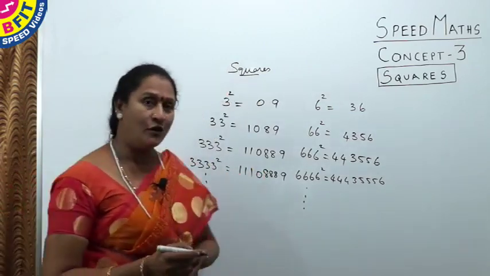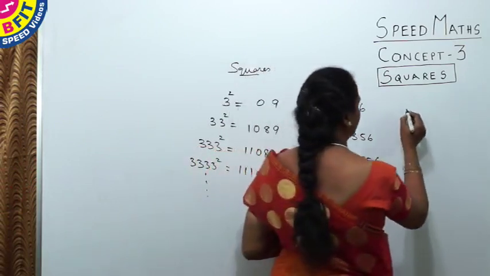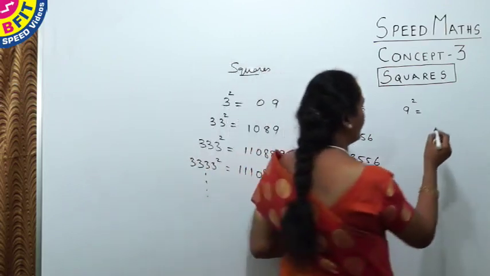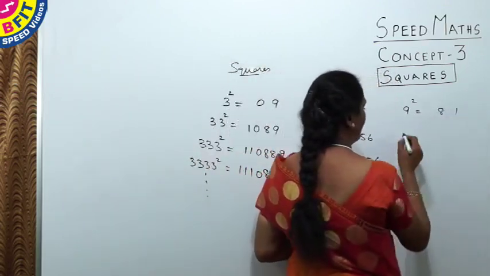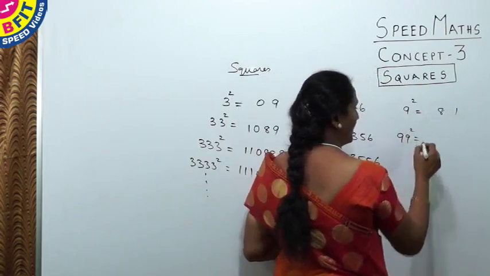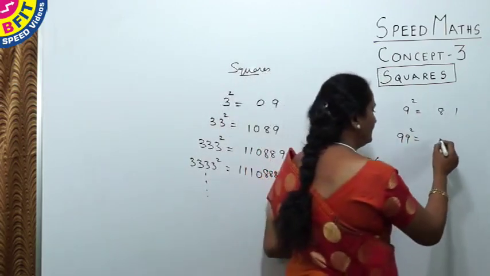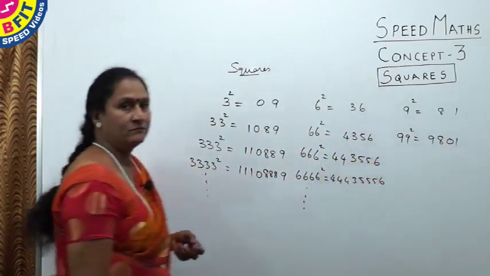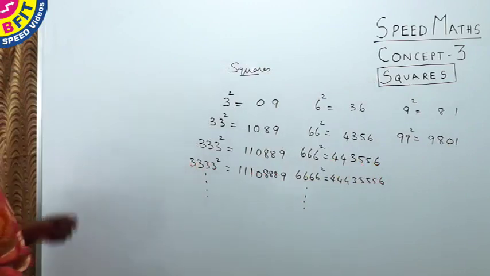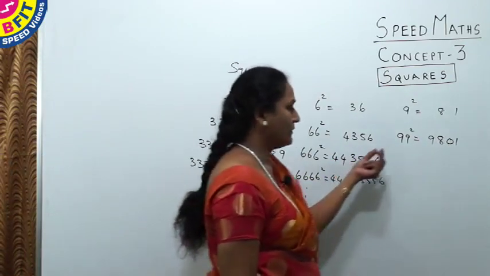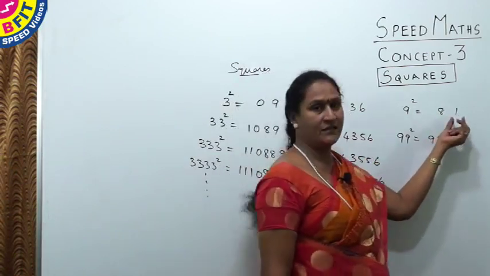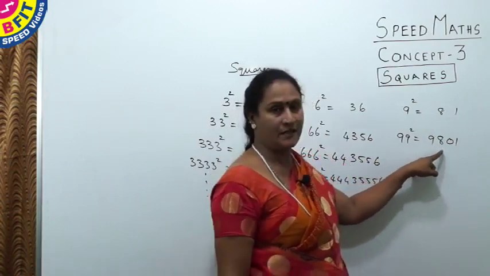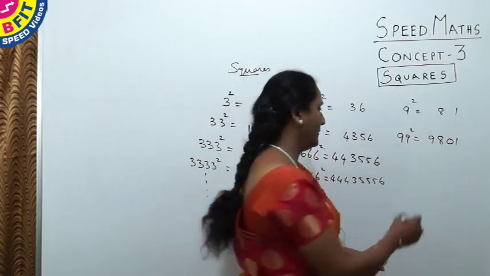The same you can do for 9 also. What is 9 square? 81. Now to find 99 square, between this 8 and 1 you write one number less than 1, that is 0, and after this 8, one number more than 8, that is 9.